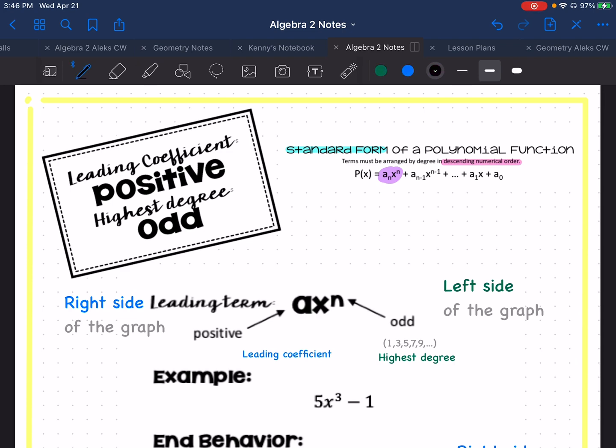All right, so the right side of my graph is going to be based off of my leading coefficient, this number right here, if it is positive. Okay, when my highest degree for my left side is odd, 1, 3, 5, 7, 9, 11, 13, we just can keep going, right? It's going to tell me something different.